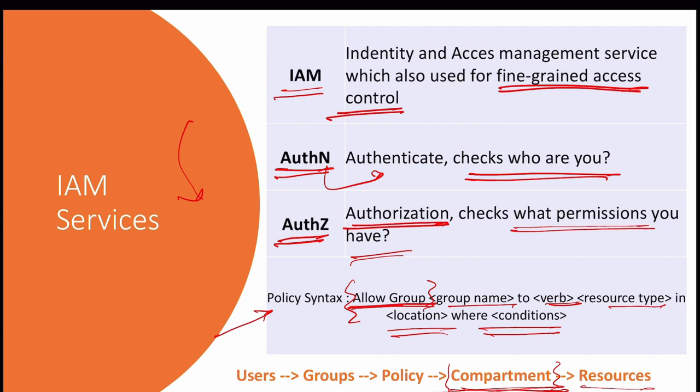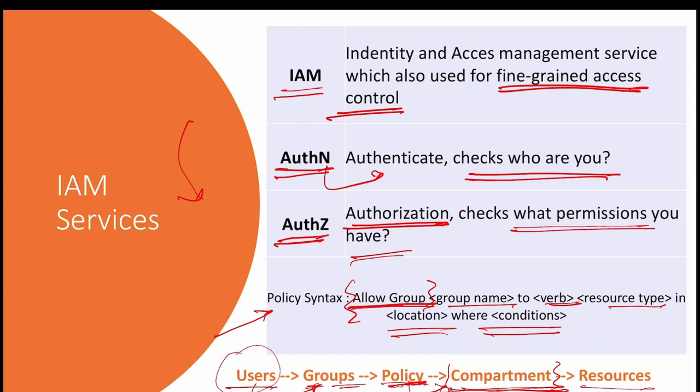Now, how is the permission given? We will group the users, we will add the users in a group, then we will define the permission in a policy that needs to be attached to the group, and we will attach this policy to the compartment.